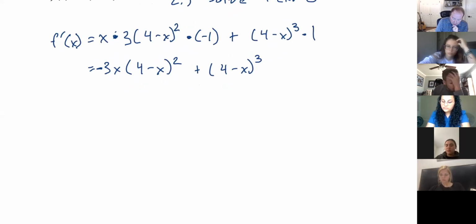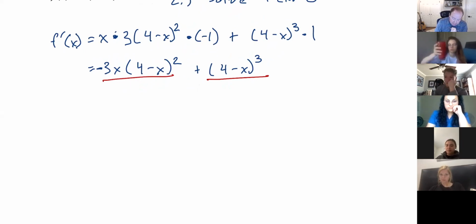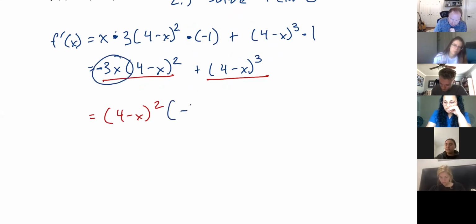Notice between these two terms, is there something common between those? 4 minus x squared. So what you could go ahead and do, factor 4 minus x squared out. Notice when you factor it out, you'll be left with just this minus 3x. And then you would cancel 2 of those out, and you would be left with 4 minus x.